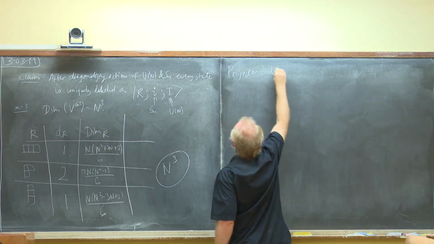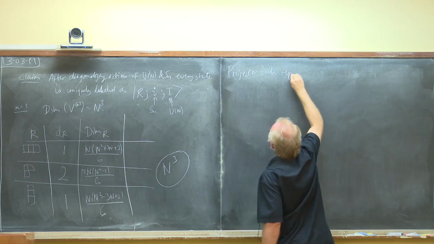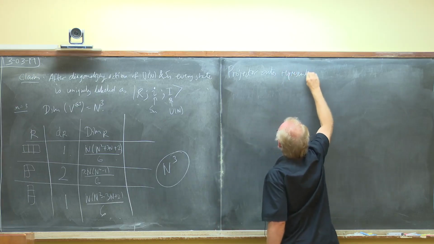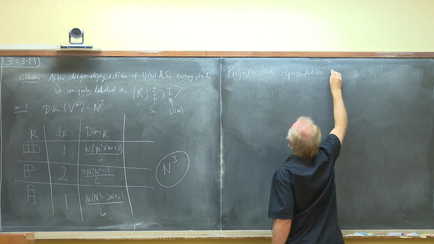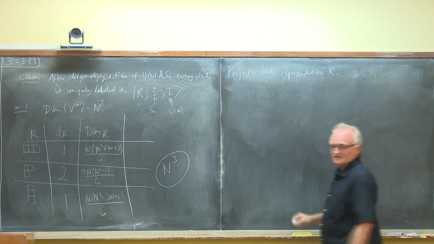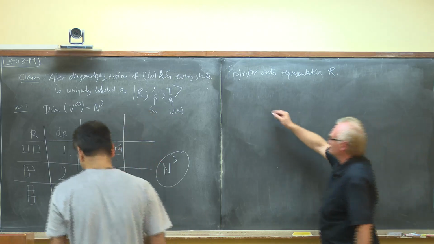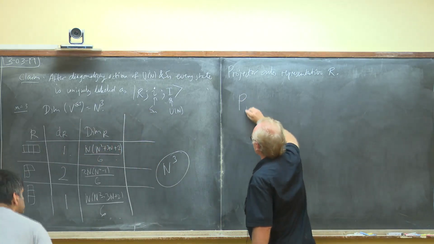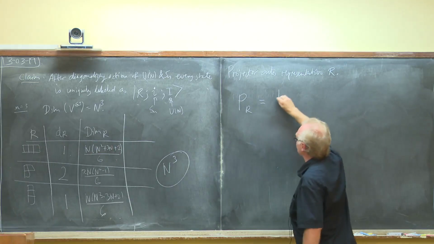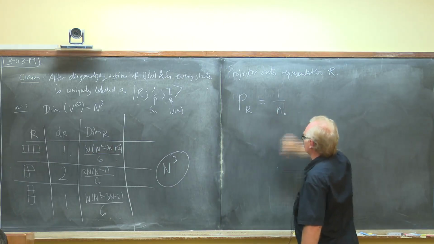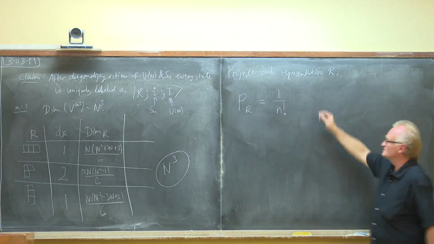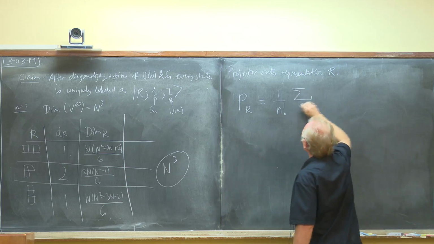Okay, so let's build the projector onto representation R. And the formula for the projector always follows the same pattern. So here's the projector onto R. We will have 1 over n factorial. We'll have a sum over the group.